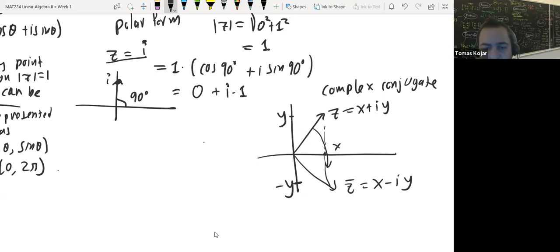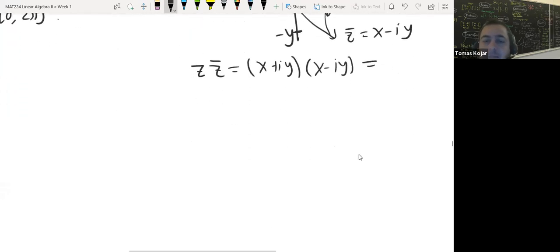One reason this is interesting is because if you take their product, z and z bar, you get the following. I'll do it by hand now, but in the future, we'll just write it.